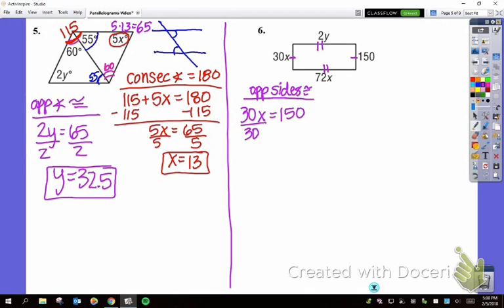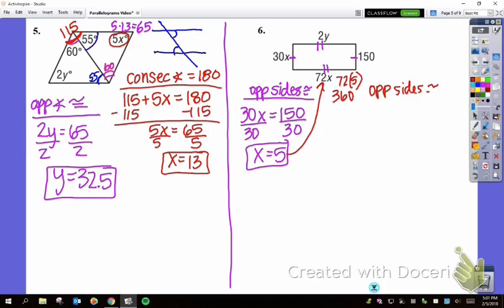We're going to divide by 30, and we're going to get x equals 5. Then we're going to take that and plug it into x right here and say 72 times 5, and 72 times 5 is 360. So now we have another opposite sides are congruent, and we can now say that 2y equals 360, divide by 2, and we get y equals 180.